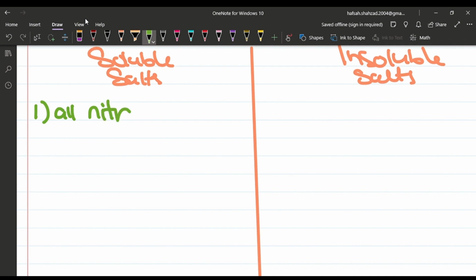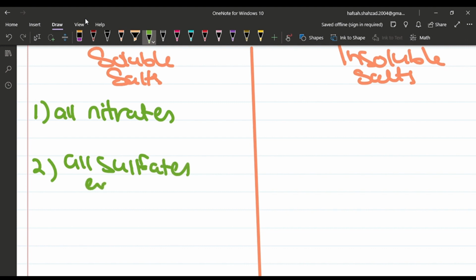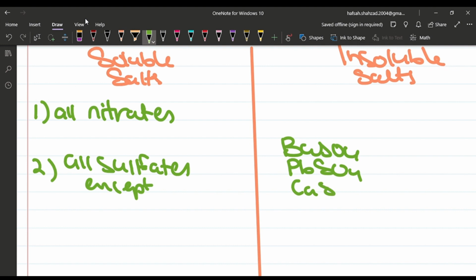All sulfates are also soluble, but we do have some exceptions: barium sulfate, lead sulfate, and lastly calcium sulfate. These three sulfates are in your syllabus and are insoluble: barium, lead and calcium.